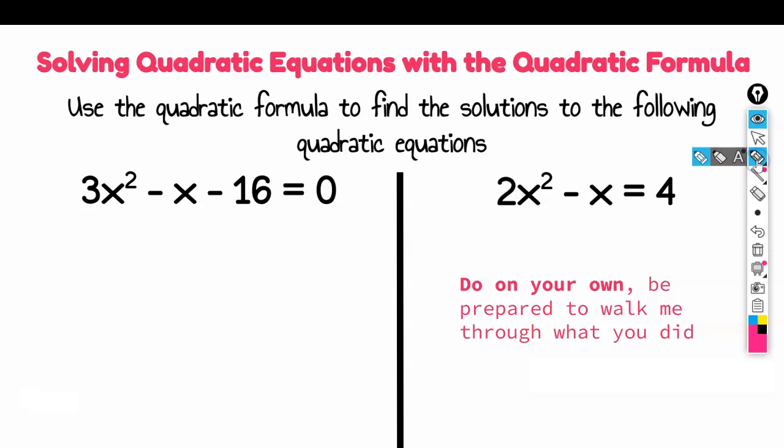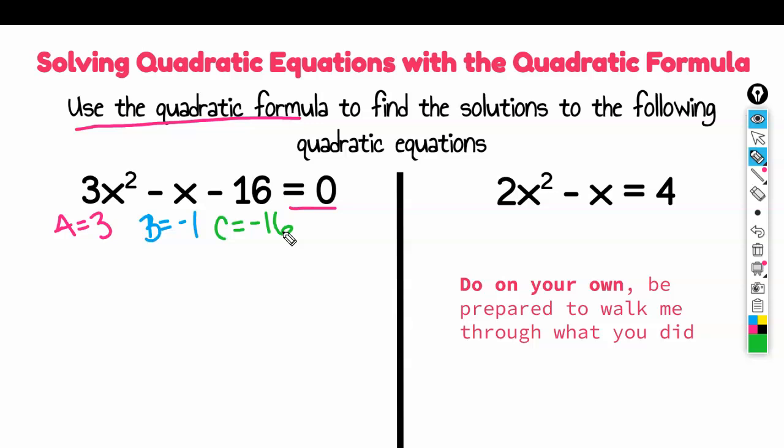Okay, here we go. Another problem where it is asking us to use the quadratic formula to find the solutions. First things first, I check that my equation is equal to 0. It is. I don't have to move anything. So I can go straight to finding A, which is 3, B, which is negative 1, and then C, which is negative 16.